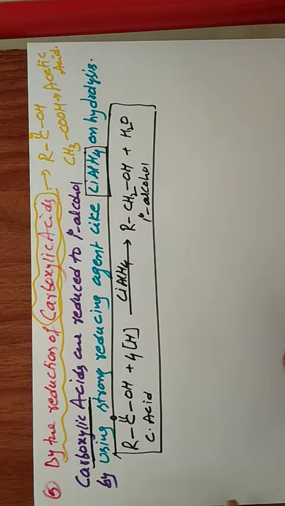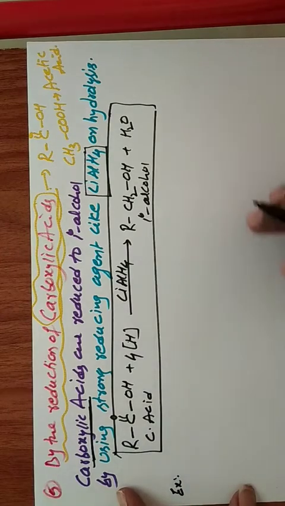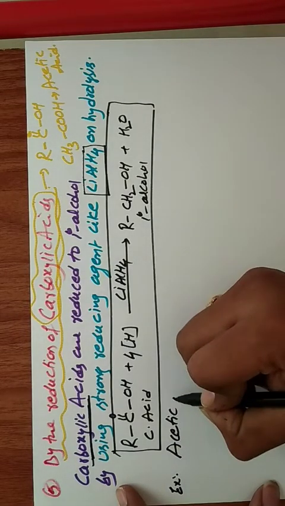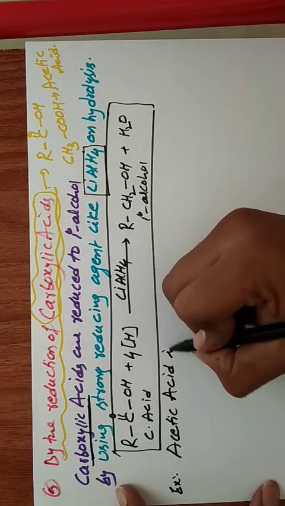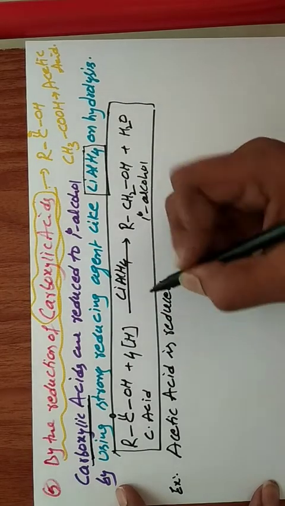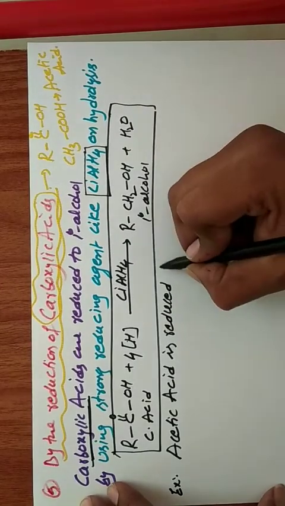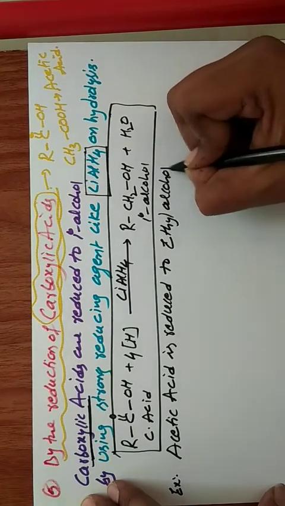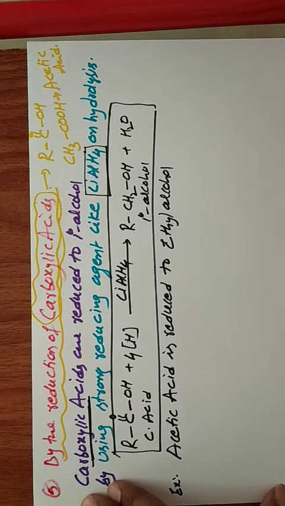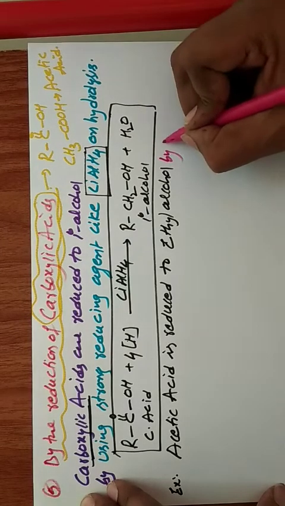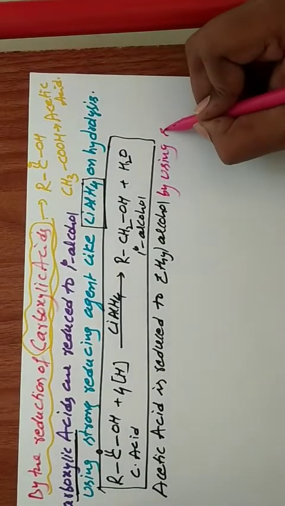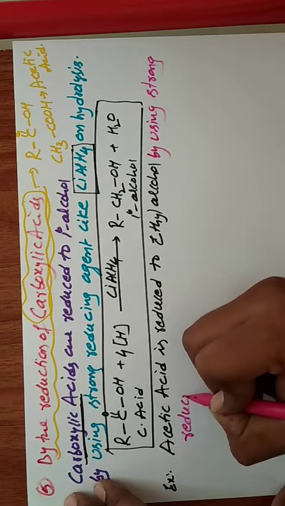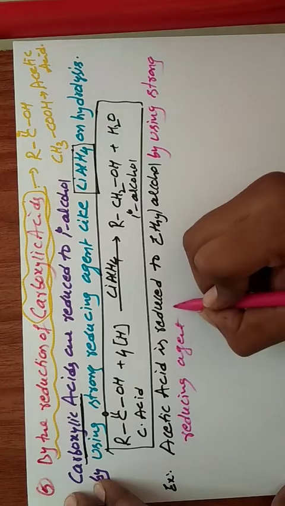In the case of an example, acetic acid, first we write the statement: acetic acid is reduced to ethyl alcohol by using a strong reducing agent like LiAlH4 on hydrolysis.